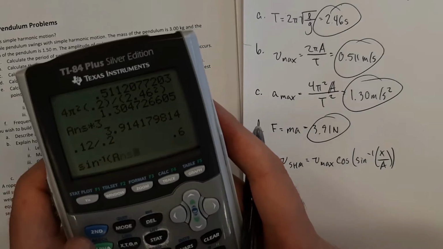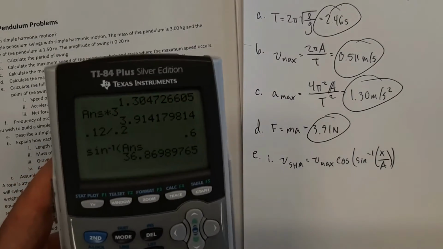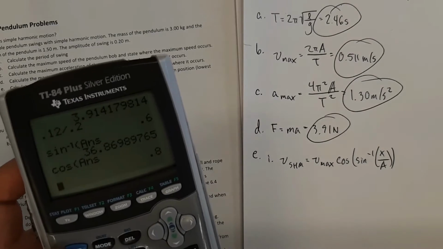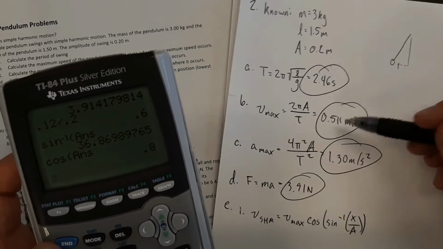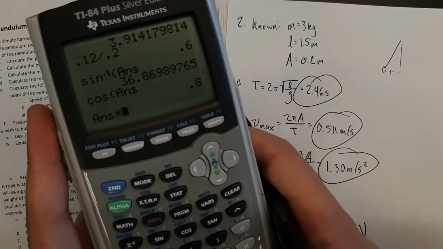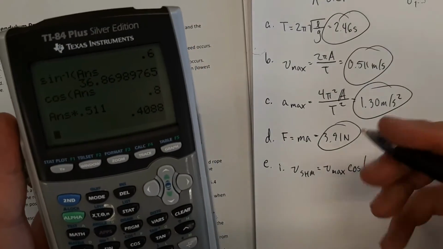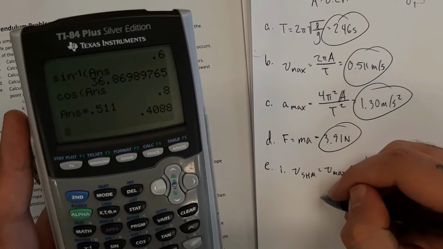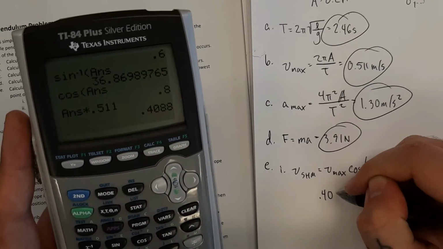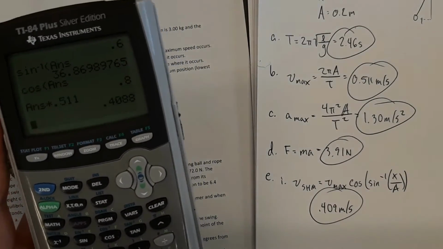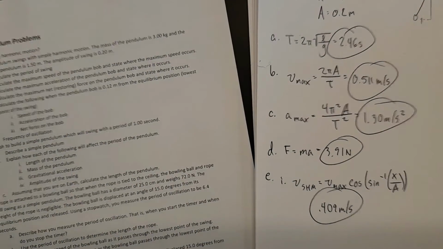The inverse sine of that is 37-ish degrees. Cosine of that, 0.8. And then we're just multiplying that by our max speed, 0.511. There we go. Which gives us an intermediate speed of 0.409 meters per second. Okay, and we should expect a slower speed here because it's not at its maximum speed.